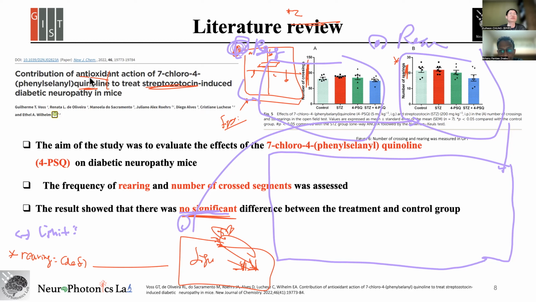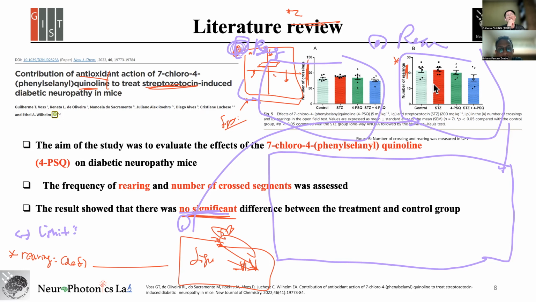Of course, maybe this drug didn't work. But actually, in this slide, the previous one, and in the next literature review slide also, I would like to explain. They have used the same parameters, even rearing and number of cross segments.